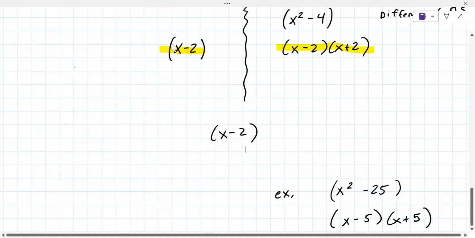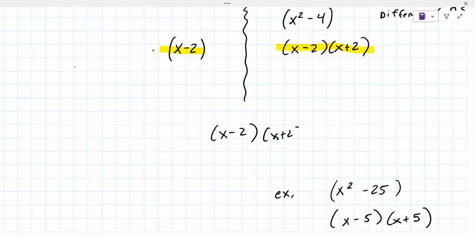No. Okay, it's an analogy. Let's say you and your friend, you got an x minus 2 and he's got an x minus 2, but he's got an x plus 2. So what are you missing? An x plus 2. That is your LCD. So you have to ask the question, what is the same? What is different? How do I make these look the same?